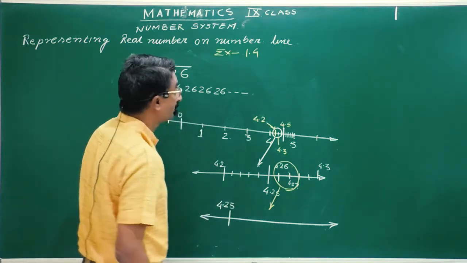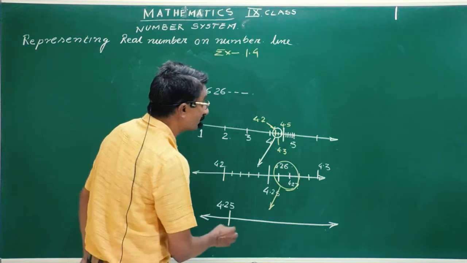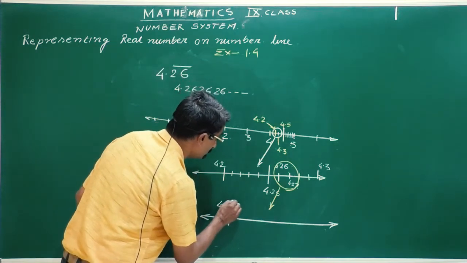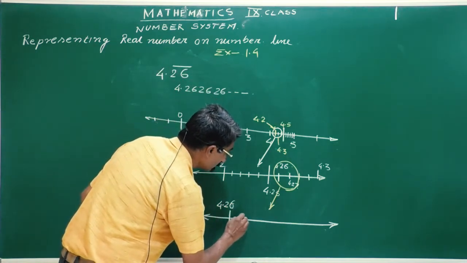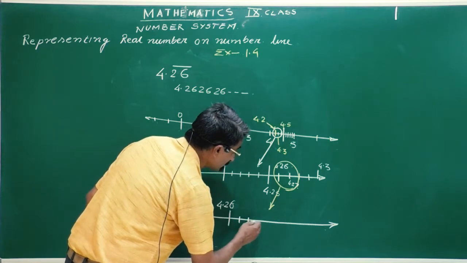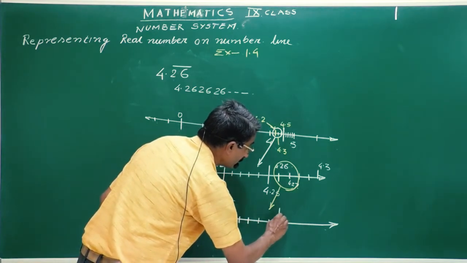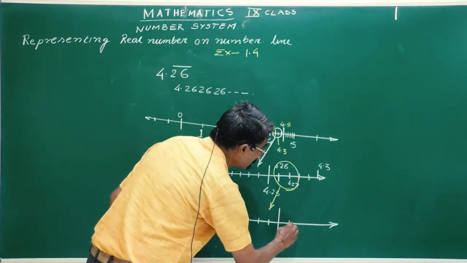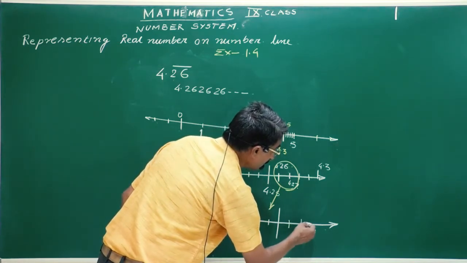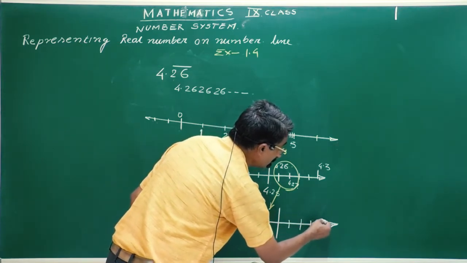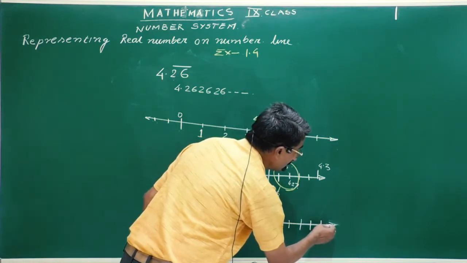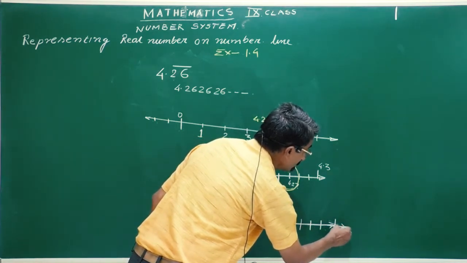This is 4.26. 4.261, 4.262, 4.263, 4.264, 4.265, 4.266, 4.267, 4.268, 4.269 and 4.27.